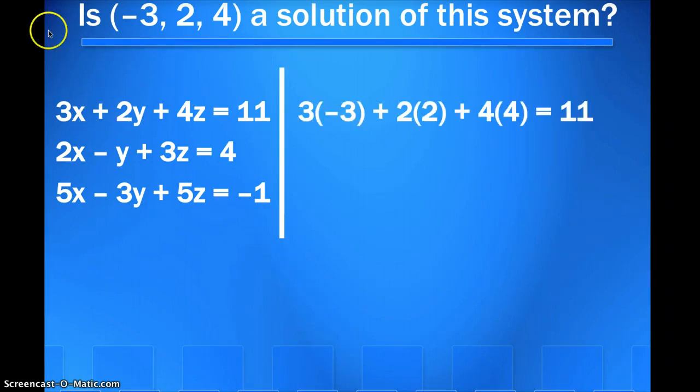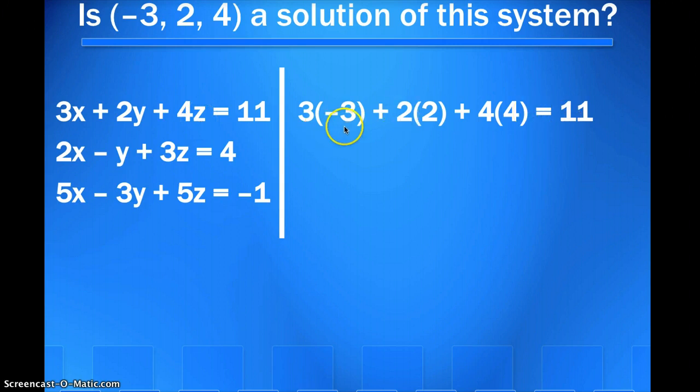For the first equation, I substituted negative 3 for x, and y is 2, so I have 2 over here, and for z it's 4, and so I've substituted 4 over here.